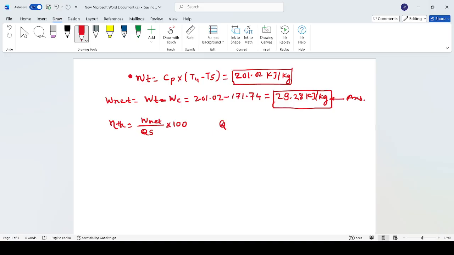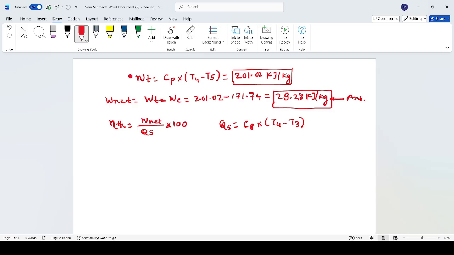From the temperature entropy diagram, it was seen that the heat was supplied during the constant pressure process 3 to 4. I'm sorry, the heat is supplied during the process 3-4. So heat supplied per kg of the air is Cp into T4 minus T3, the isobaric heat addition.